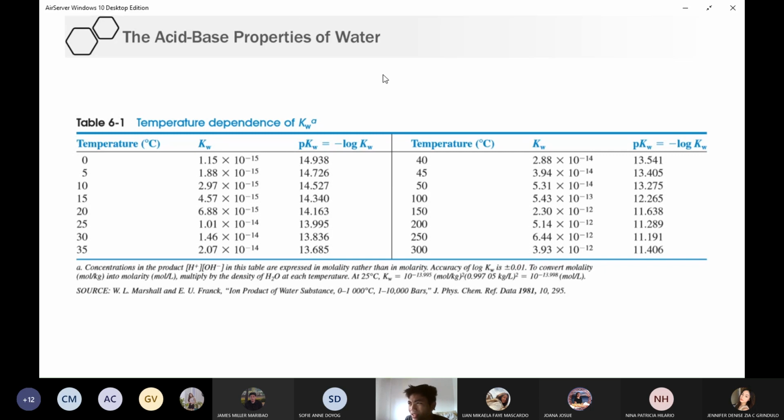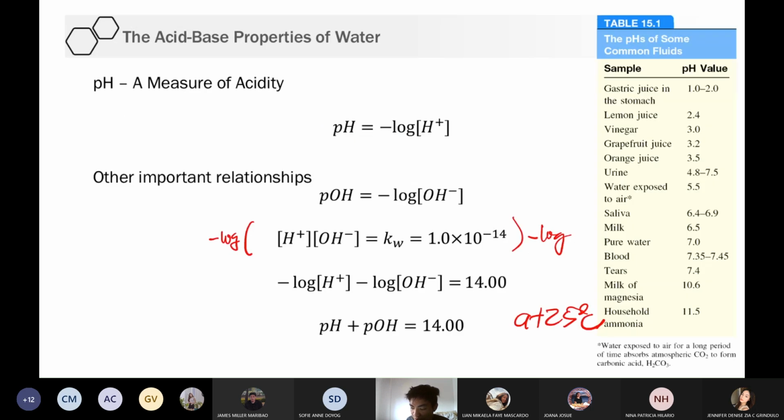No? Okay, so magbabago yung sum ng pH pati pOH kapag nagbago yung temperature. Okay? So mas mababa yung sum nila kapag mas mataas yung temperature. Mas tataas naman yung sum nila kapag mas mababa yung temperature. Okay? So, ganun lang. That's why we need to emphasize yung 25 degrees Celsius na. Kasi at 25 degrees Celsius, the sum of the two is exactly 14.